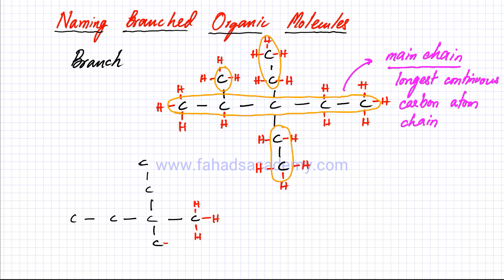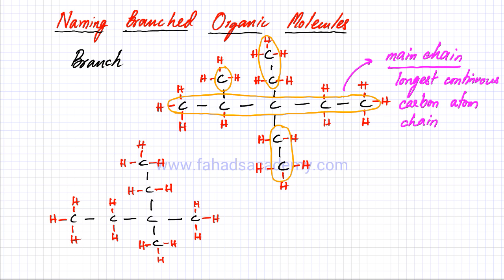This carbon is going to have 3 more hydrogen atoms. This particular carbon has 2. This one is going to have 3 hydrogen atoms, and this carbon is going to have 2 hydrogen atoms, and this is going to have a total of 3 hydrogen atoms.